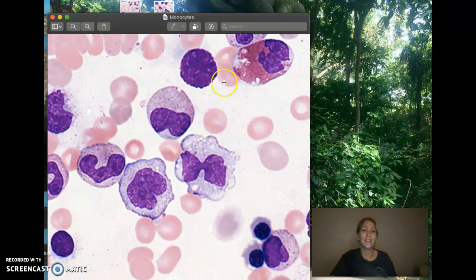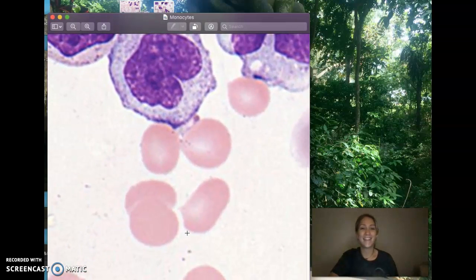Now I'll talk about a blood disease that is an autosomal recessive genetic disorder, sickle cell disease. The main characteristic of sickle cell disease is that the red blood cells become a sickle shape. I'll zoom in here because it's nice and easy.